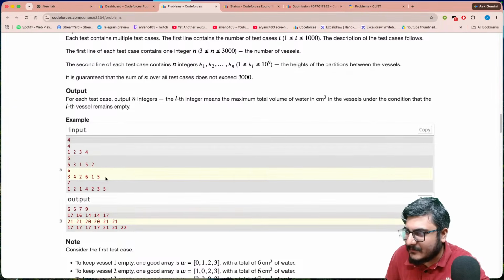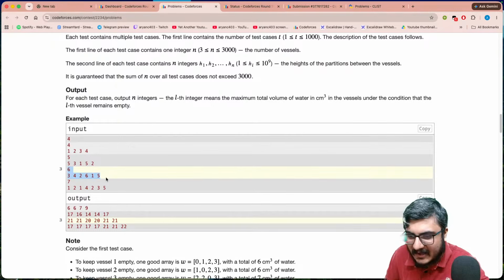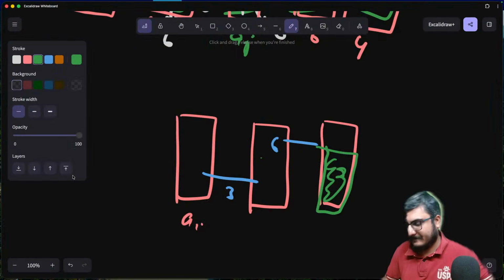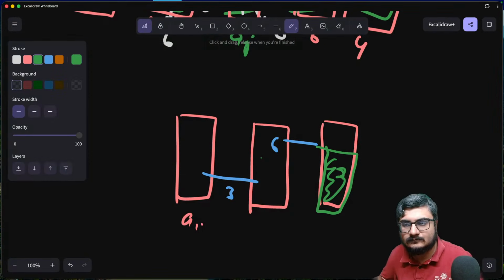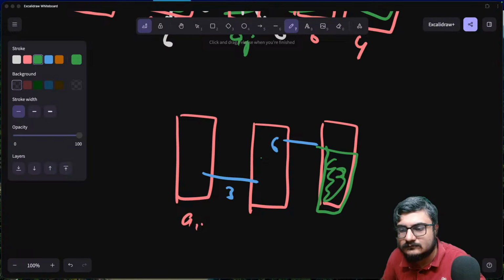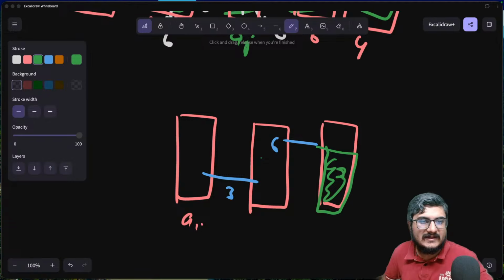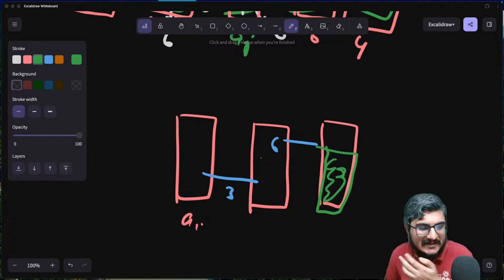Okay, we have problem 3, and we need to dry run it for A0, right? If we can fill water in A0 as well, then we can actually keep infinite water.